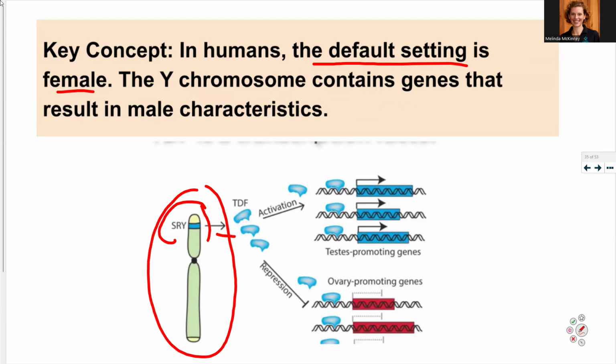And once that, early on in the development of the embryo, it's going to activate hormones and genes that are going to start producing secondary male characteristics, and they're going to repress the genes for ovaries and even start degrading with enzymes some of the structures that have been there that are associated with females.